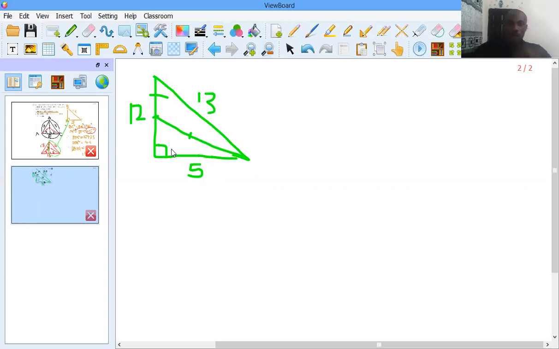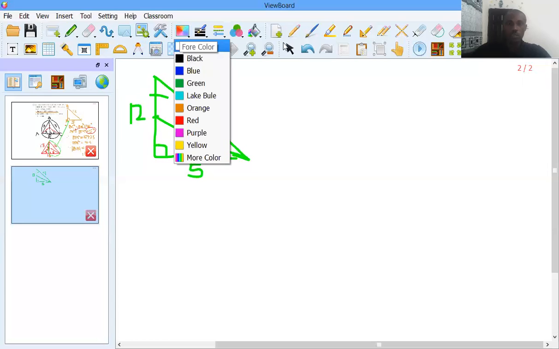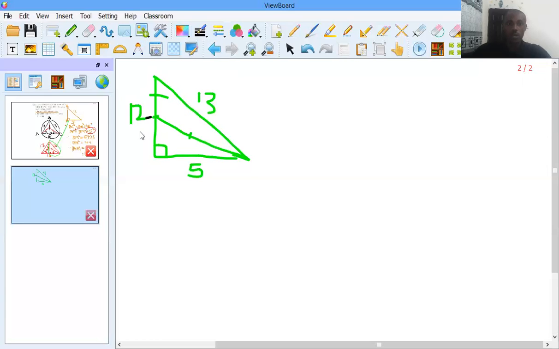So how about if I decide to call this length, from this point to this point, x. If I label this length as x, that means this other length, which is the radius, will be 12 minus x.